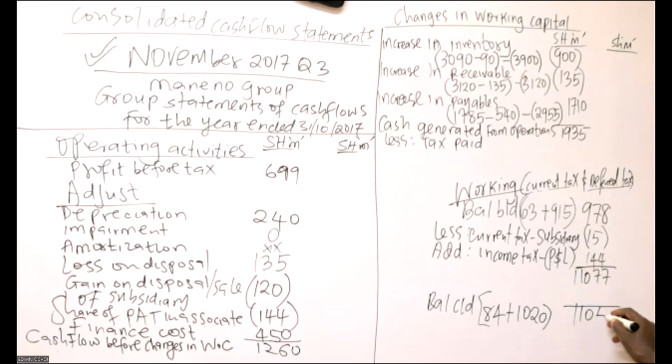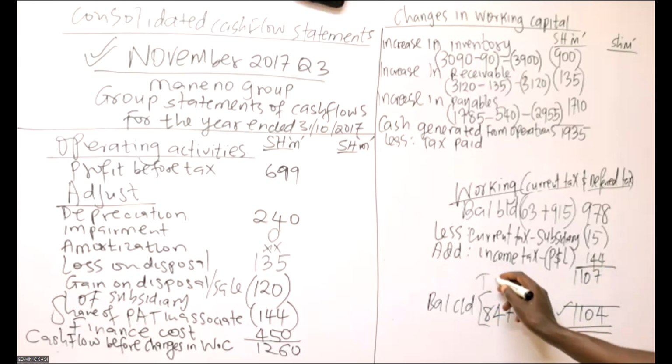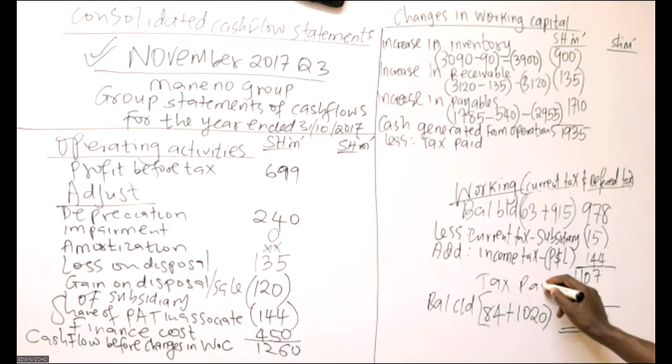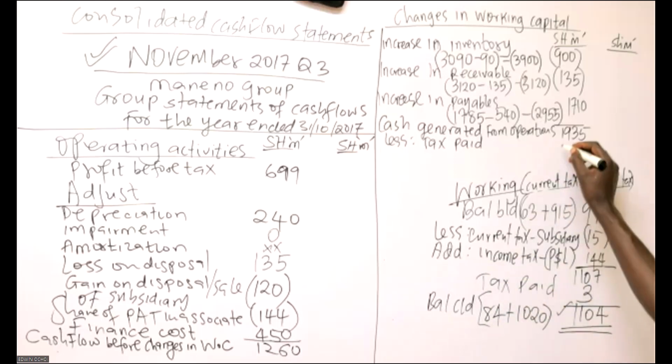This is 1104. So here we have, but this was 1107. So you can see they were supposed to pay a tax of 1107, but at the end they are told to pay 1104. So meaning that there is a tax paid of 3 million. That is what we deduct here.